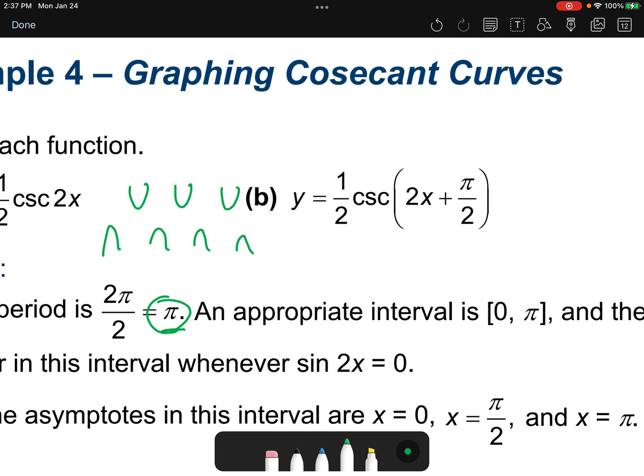We can do the same thing with cosecant. So 1/2. Oh, no, let's do this. 0.5 divided by, yeah, cosecant, which is 1 over sine.